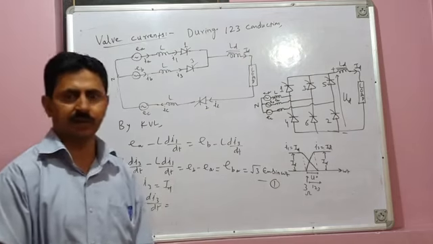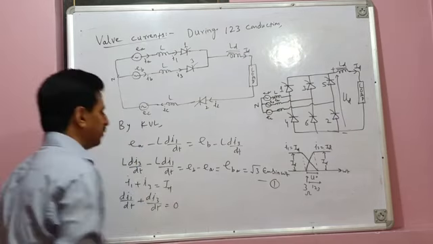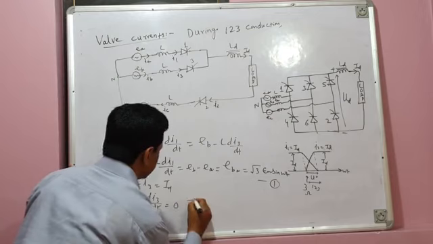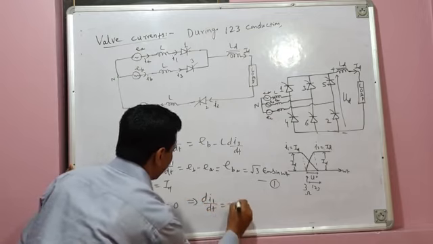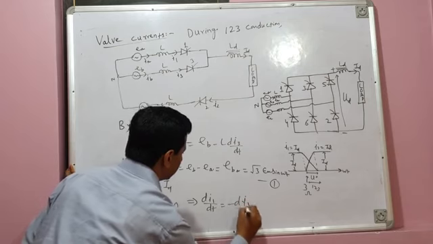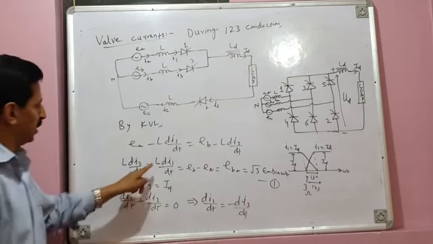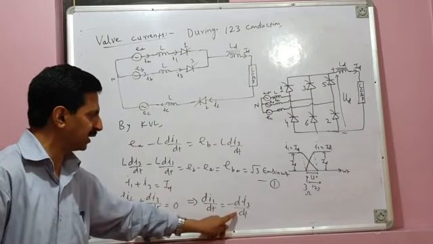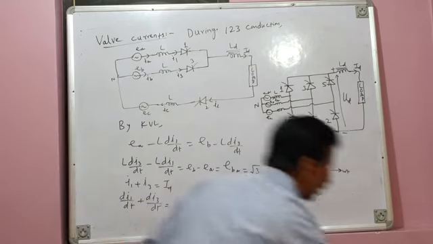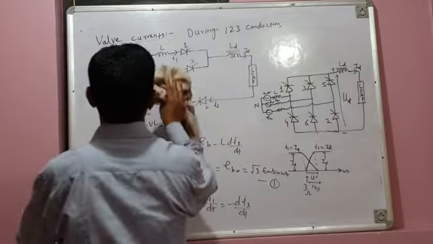It's a constant term, and the differentiation of a constant is 0. So this gives me di1 by dt equal to minus di3 by dt. So I can substitute this in place of di1 by dt in equation 1.